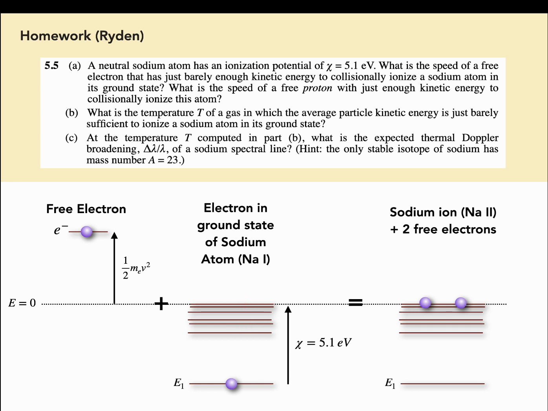And we're going to assume that both of them have zero energy after this process. So this guy has just barely enough energy to ionize the sodium atom, and each electron has zero energy left over after they're now free. So what you want to do is calculate the minimum speed of this electron to just barely collisionally ionize the sodium atom.